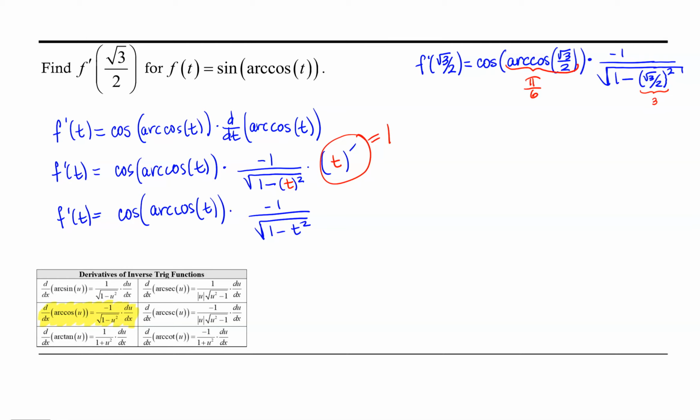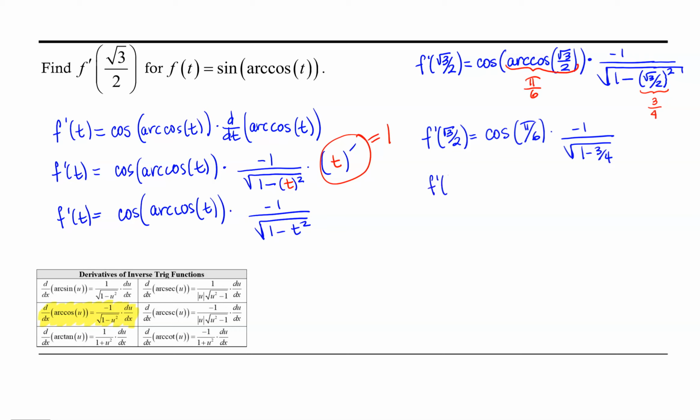If I square the denominator 2, I get 4. So we're going to replace that with 3/4. So here we go. So f prime of square root 3 over 2 is equal to cosine of pi over 6 times negative 1 over the square root of 1 minus 3/4.